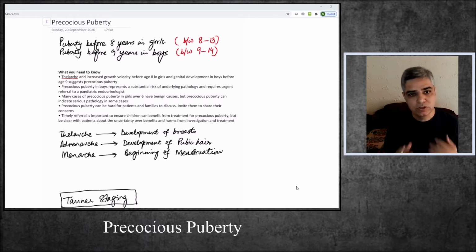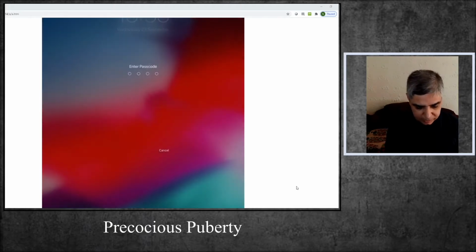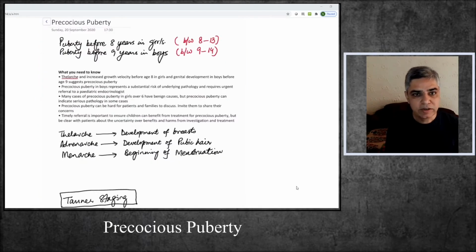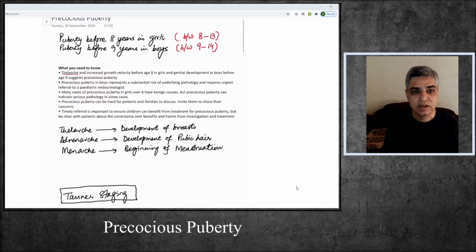Now, before we start, you need to know a few important things about this topic. You should know that thelarche, which is the development of breast, and increased growth velocity in terms of height before the age of 8 years in girls and before 9 years in boys is precocious puberty. So thelarche means development of breast.